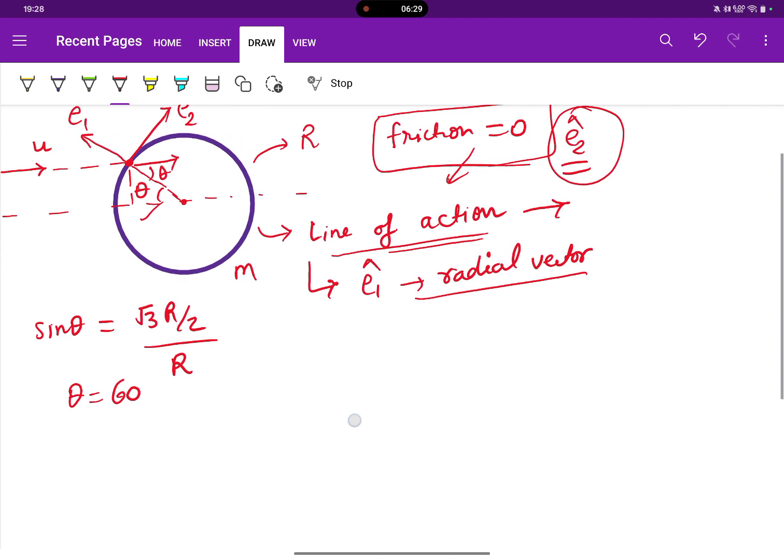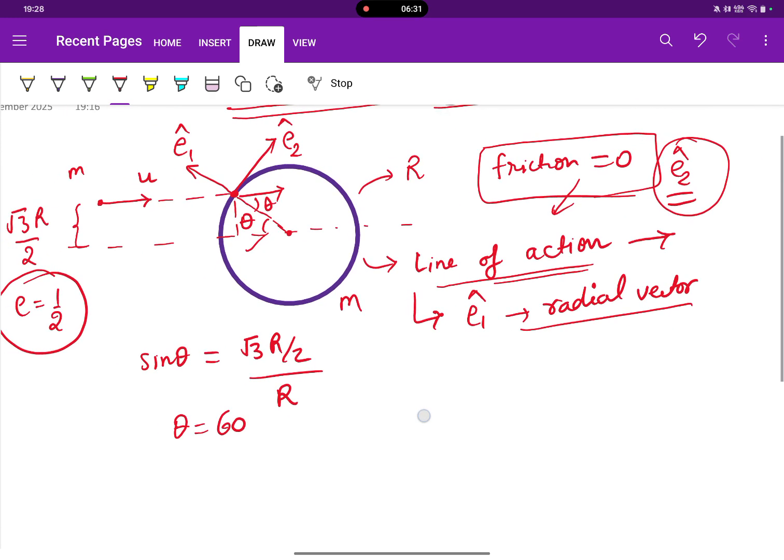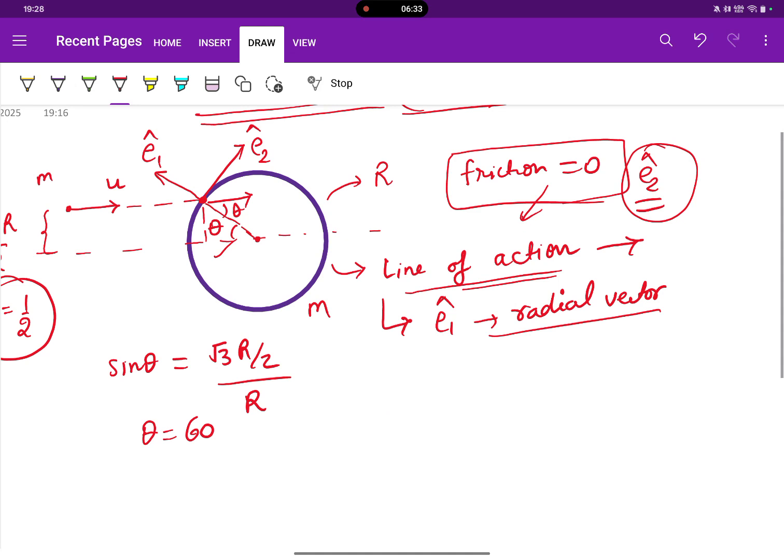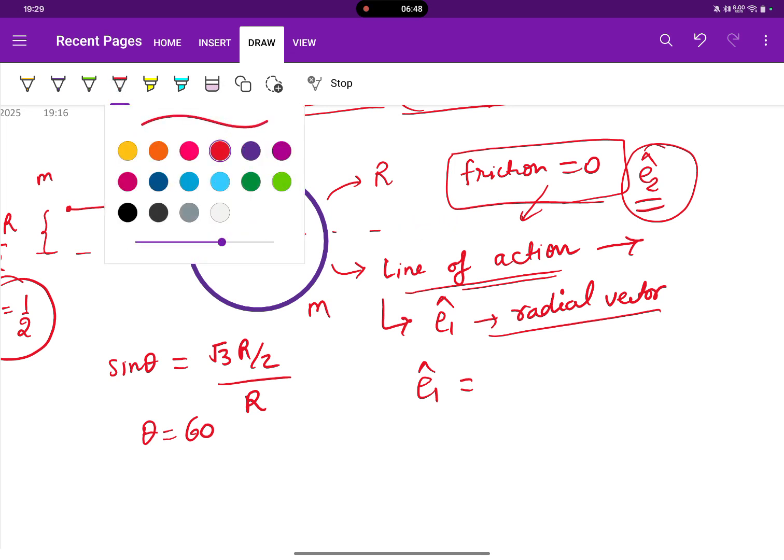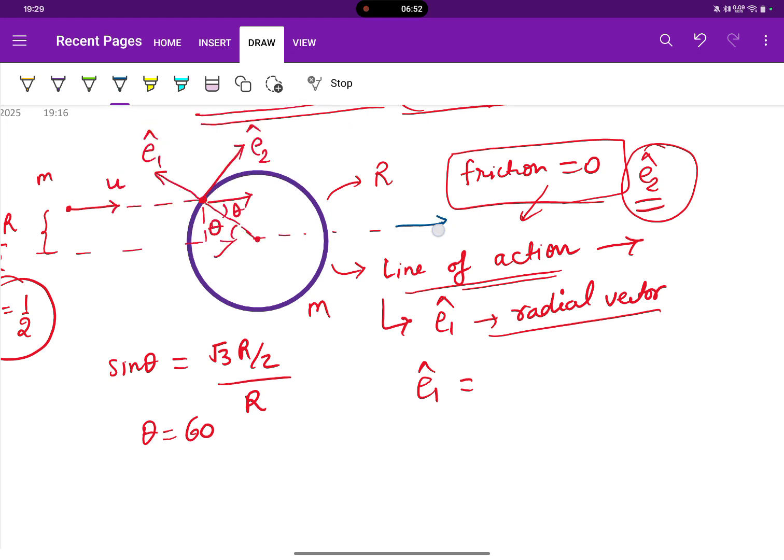And what we are going to do here is, I can explain it later, we are going to have a unit vector E1 cap in the direction of x and y. This is our x, and this is our y.